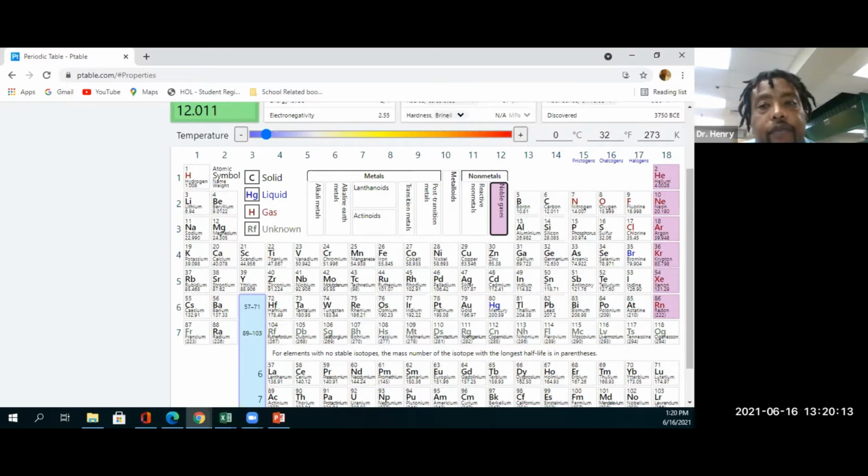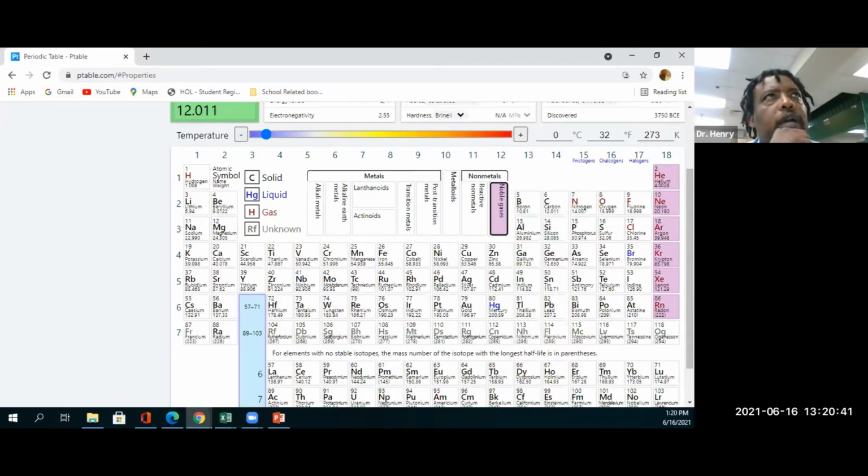Back in the day, when they first started making the periodic table, it wasn't done that way. There's Dmitri Mendeleev and Lothar Meyer. They initially organized it based upon atomic mass, and then they changed it to be based upon the atomic number.